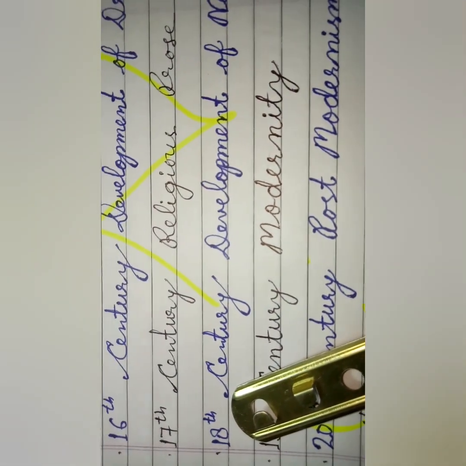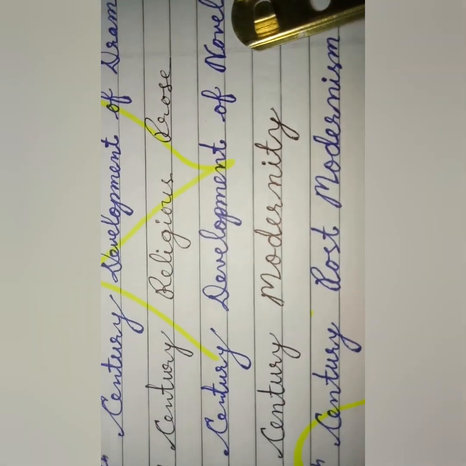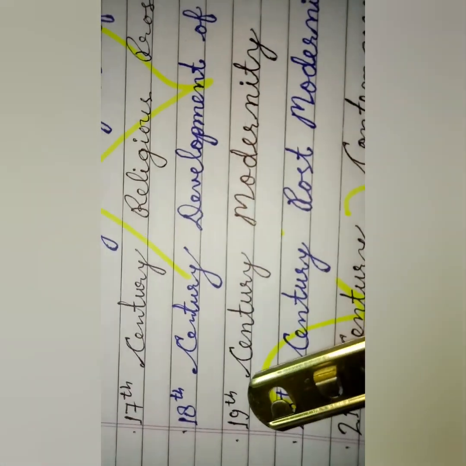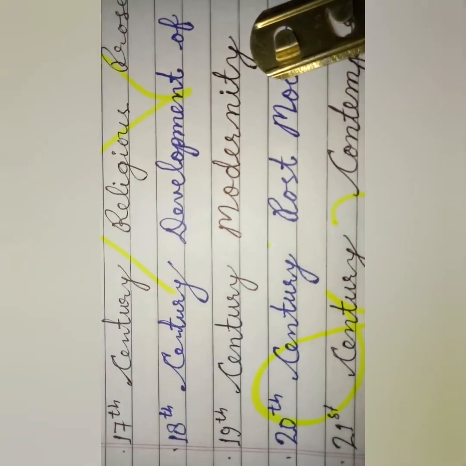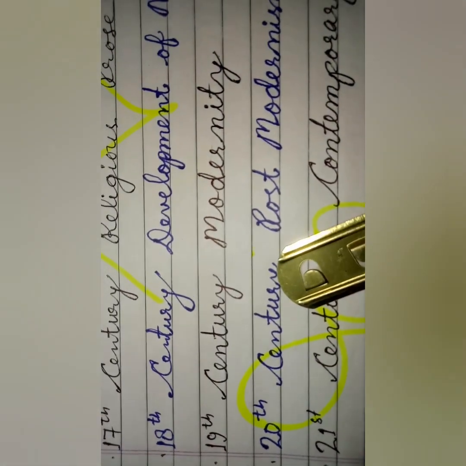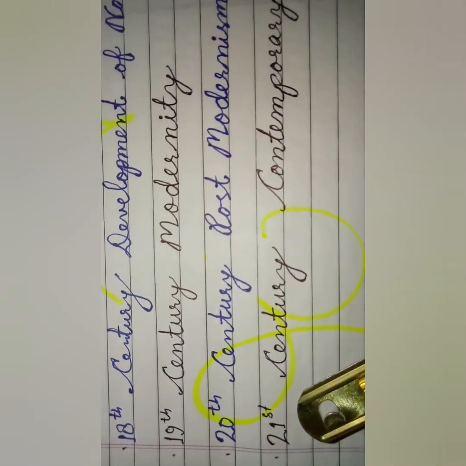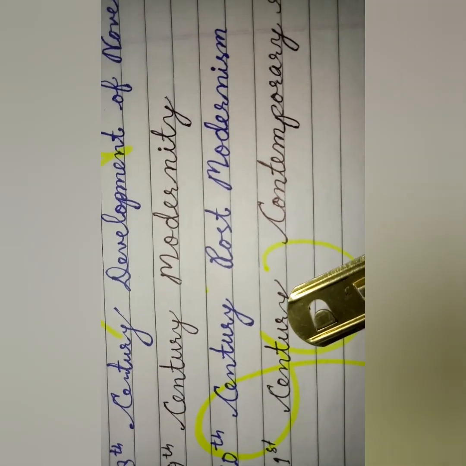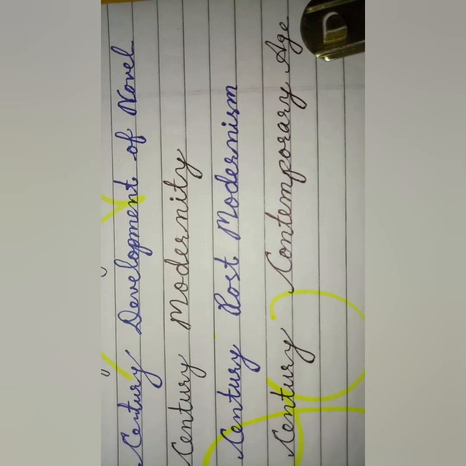The 18th century belongs to the development of the novel. The 19th century belongs to modernity. The 20th century belongs to postmodernism. And the 21st century is known as the contemporary age.